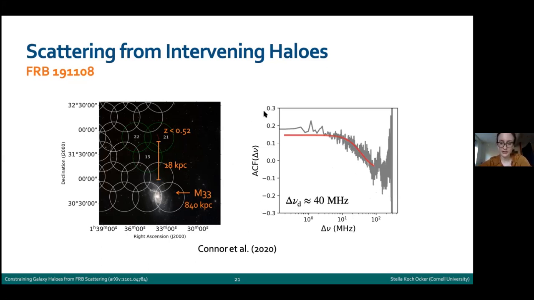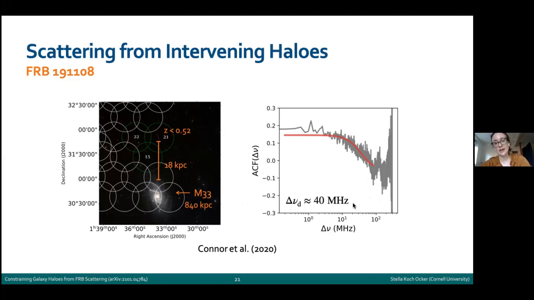This plot is showing the autocorrelation function of the burst spectrum, and from it, they estimate a decorrelation bandwidth of 40 megahertz, which is indicated by this red line. One major caveat to this estimate is that they don't see 100% intensity modulation, which is generally what you'd expect from diffractive interstellar scintillation of a point source.